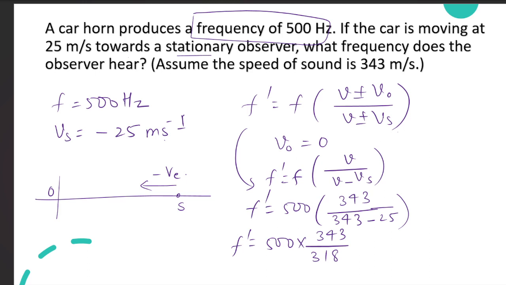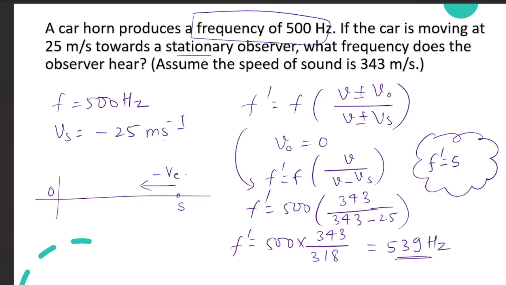Now if we solve this, we will get f dash is equal to 539 Hertz. So the observed frequency is higher than the original frequency. So here I can write f dash is equal to 539 Hertz.